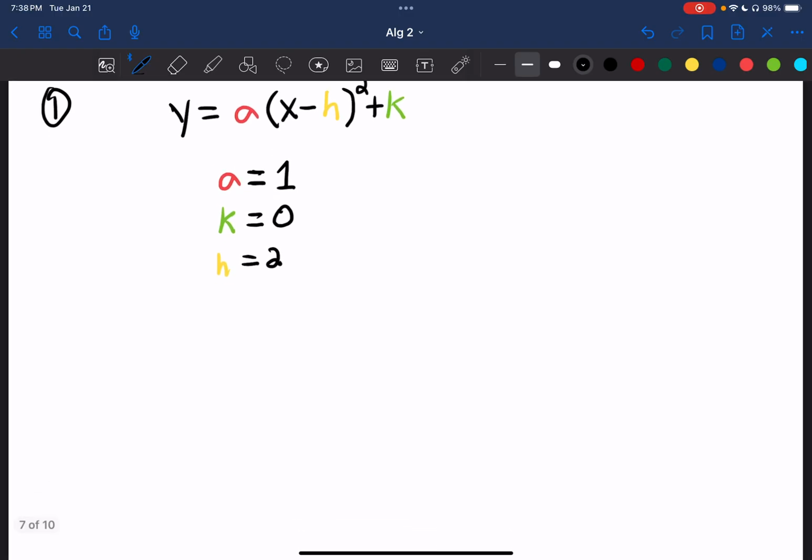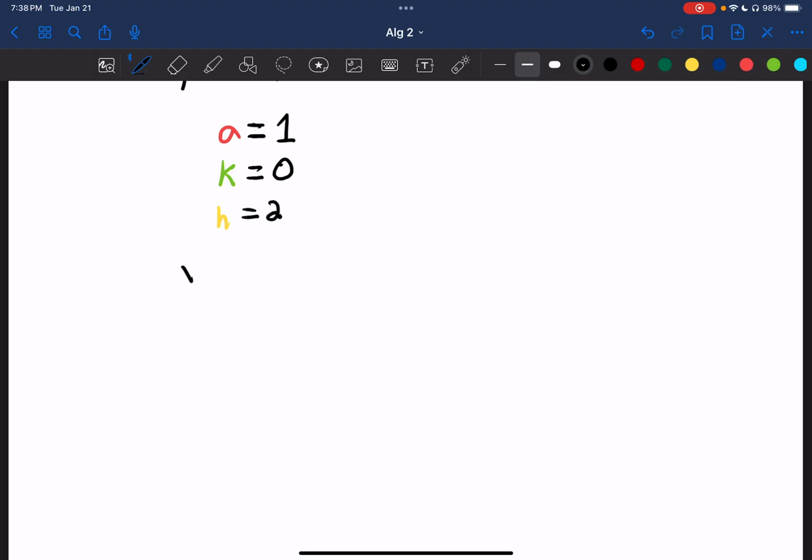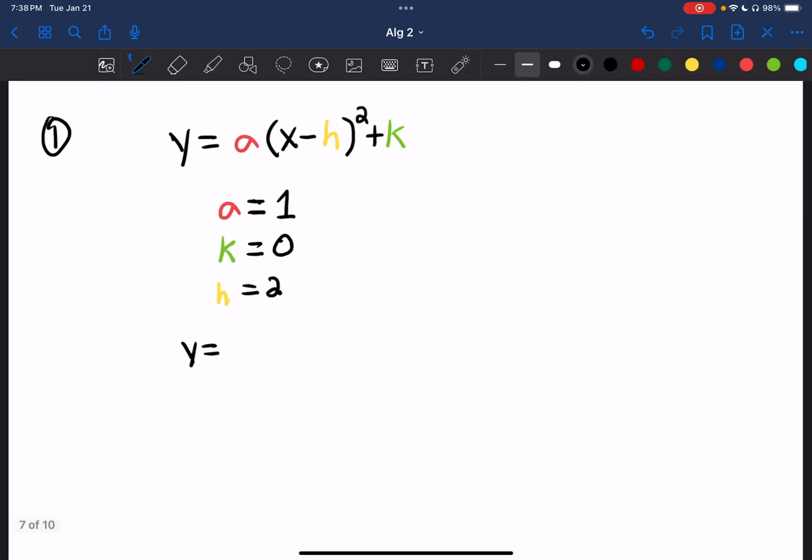So if H was equal to 2, when we plugged in all of our variables, A equal to 1, K equal to 0, and H equal to 2, we would have y is equal to 1 times (x minus 2) squared plus 0.